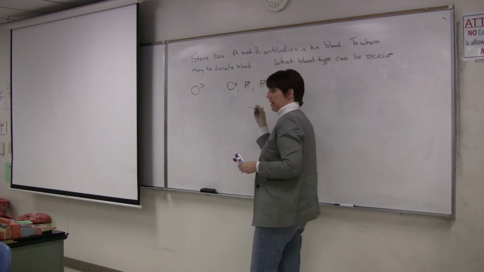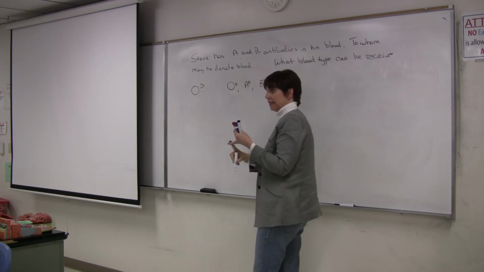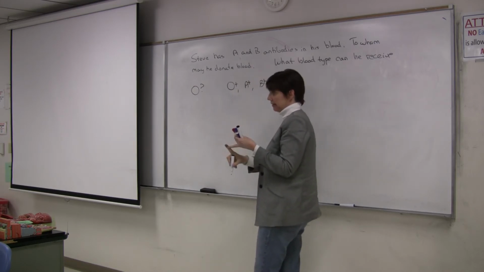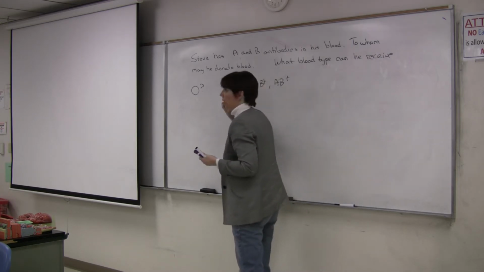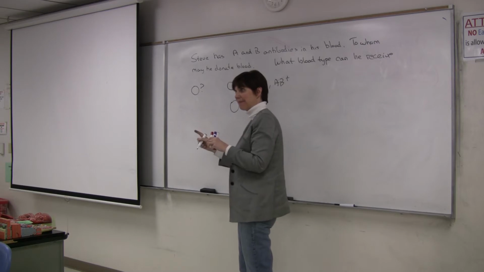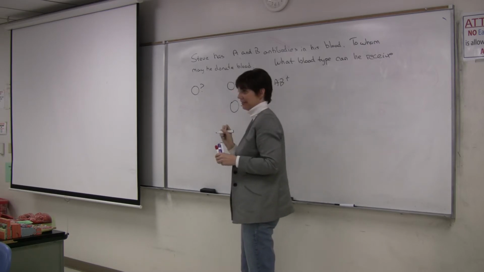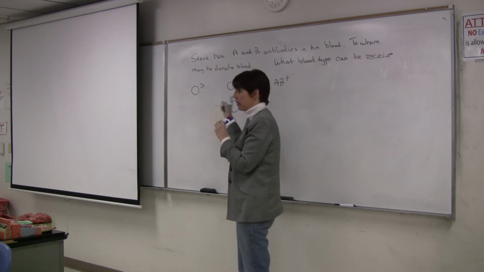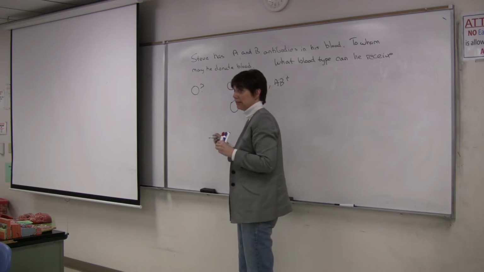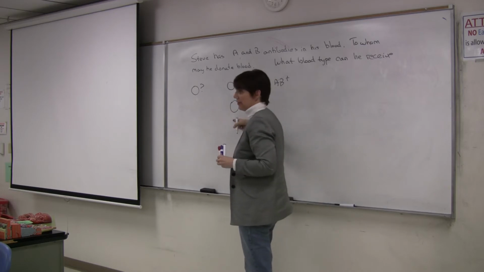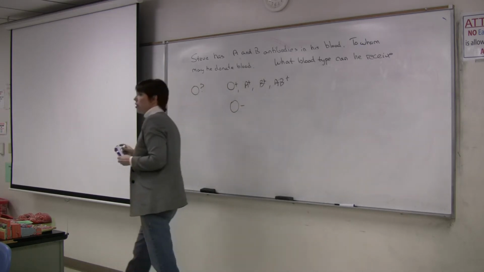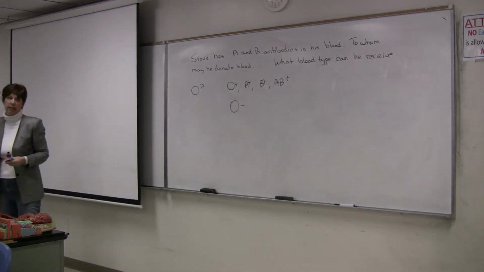So he can't receive any blood type that has A or B, right? So that means he can only get O. And this time, he should only get O negative. Because he might be O negative, and we don't want to give him O positive. So to be on the safe side, he should only receive O negative, because remember, that's our universal donor. Since we don't know whether he's positive or negative, we don't want to jeopardize that.